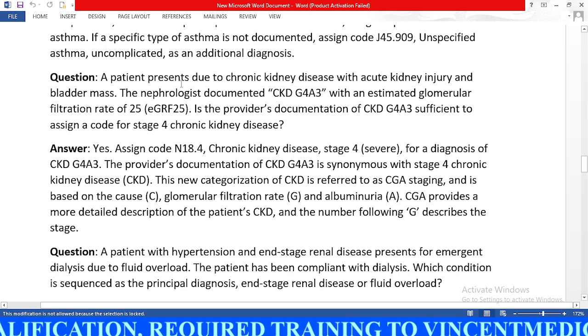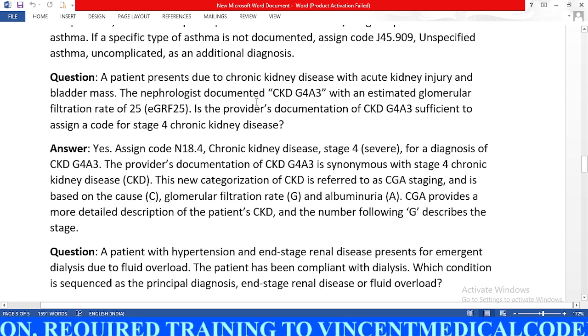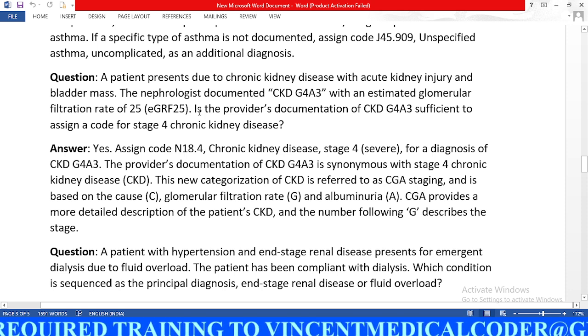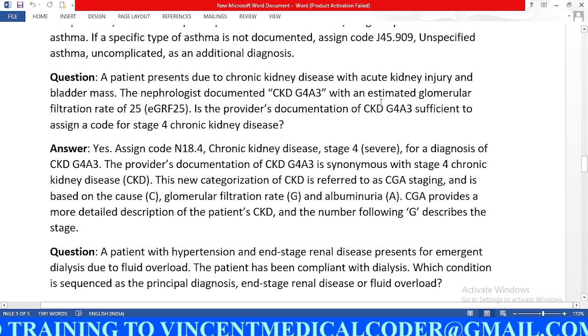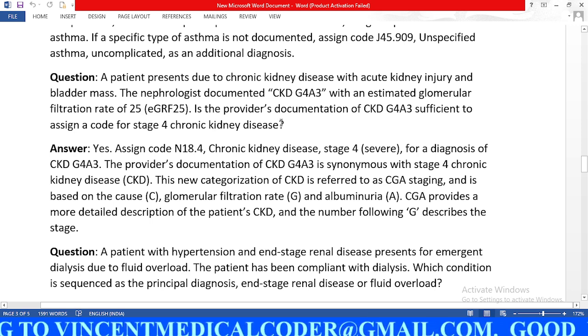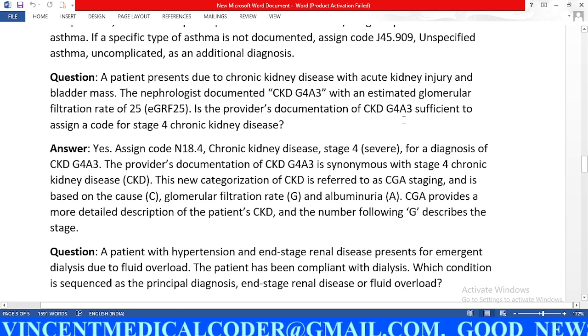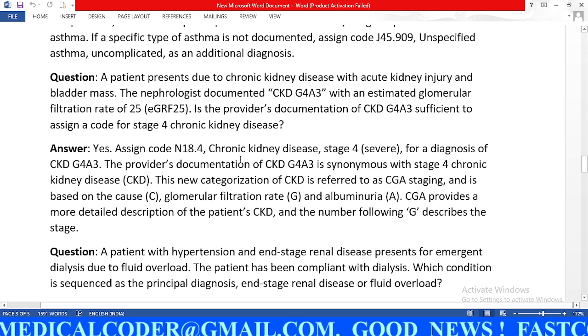Next question. A patient presents due to chronic kidney disease with acute kidney injury and bladder mass. The nephrologist documented CKD G4A3 with an estimated glomerular filtration rate of 25. Is the provider's documentation of CKD G4A3 sufficient to assign a code for stage 4 chronic kidney disease?